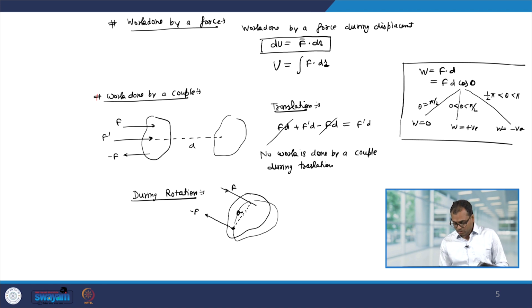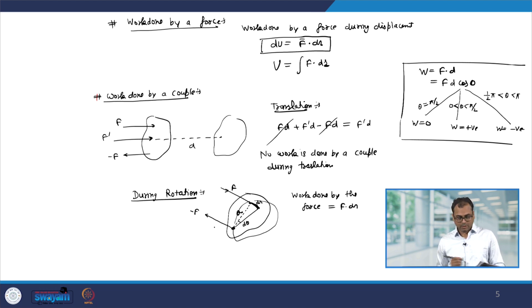Let us say it rotates by an angle d theta. So, therefore, this will be dr, and in this case the work done by the force will be F dot dr, because you have this force and the body is displaced by dr. This force is not going to work because I have passed the axis through this. So, therefore, for this point dr will be 0.